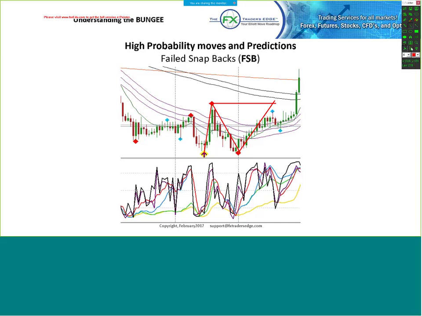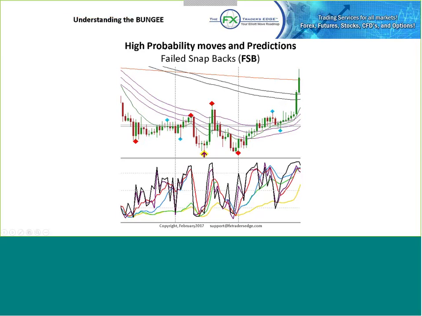In this case, you can also see that in wavy tunnel terms, all this is a price to wave, a retrace, and a fill the gap. And the bungee is just confirming that.